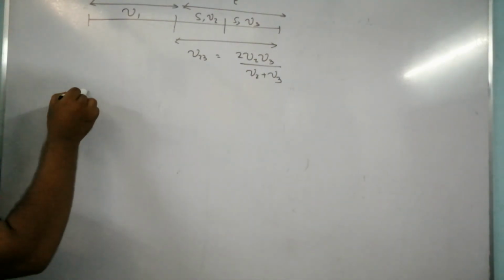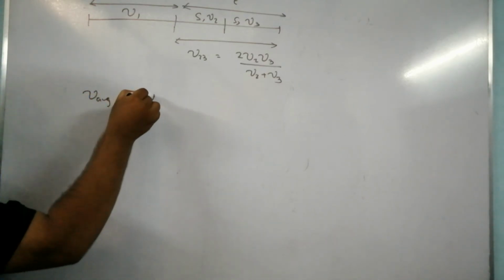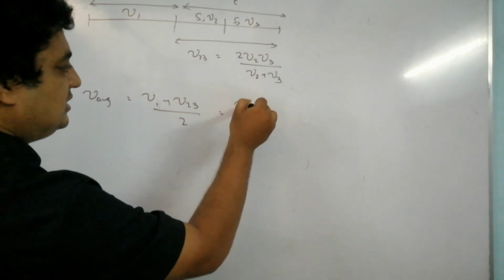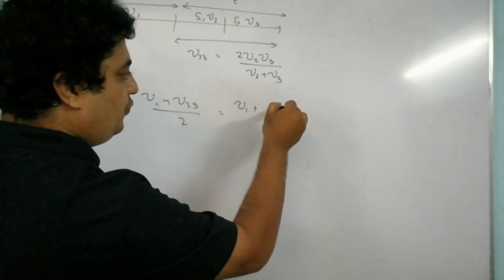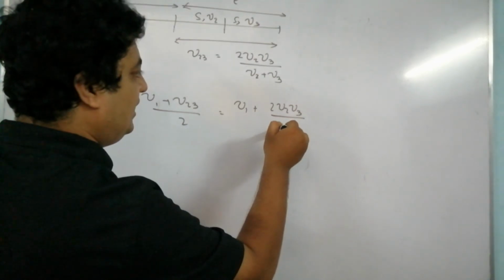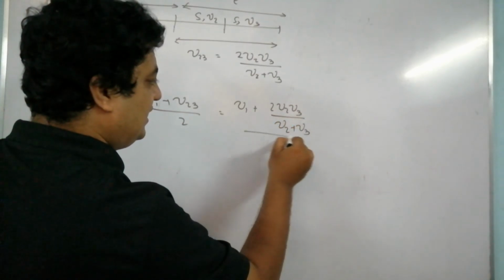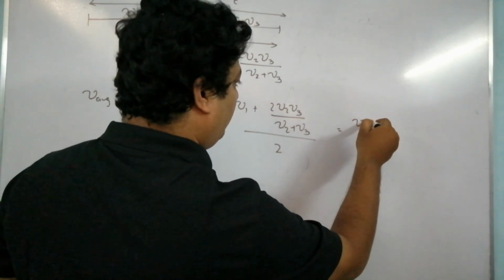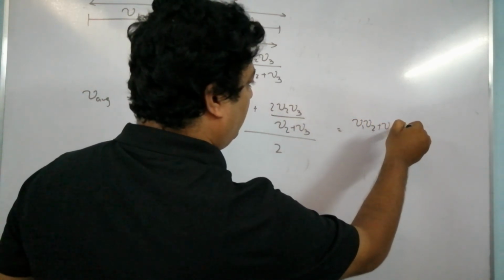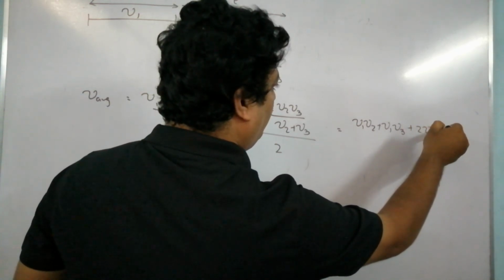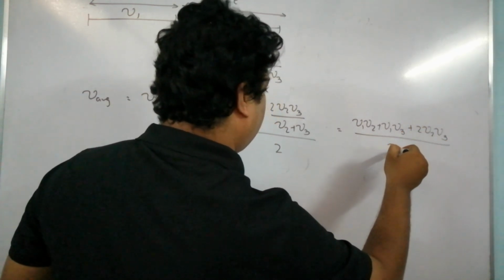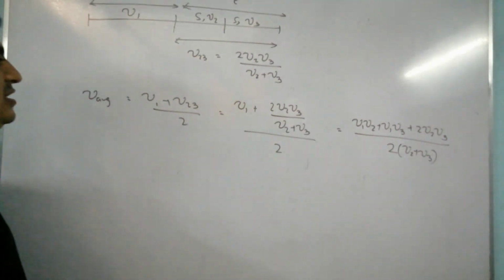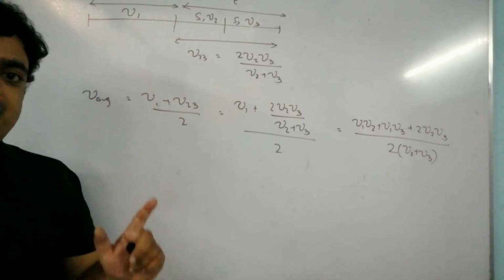Now the total average will be v1 plus v23 by 2. That is equal to v1 plus 2v2 v3 divided by v2 plus v3, all by 2, which will become v1 v2 plus v1 v3 plus 2v2 v3 divided by 2 into v2 plus v3. This will be the average speed.